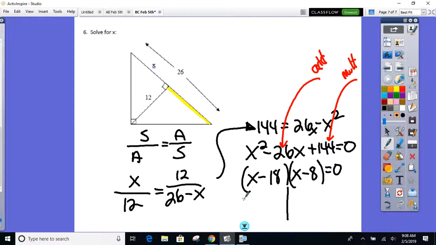Negative 18. Oh, 18 and 8. Should I reject either one? They don't give me a negative side length. So it could be 8 or it could be 18. Okay? Could be 8 or it could be 18. We accept both. All good there.